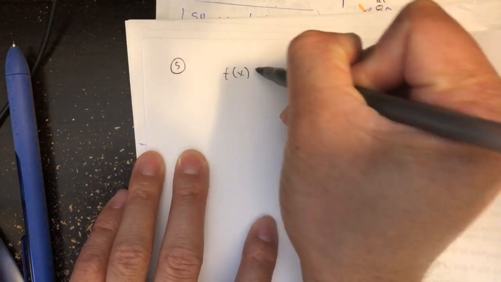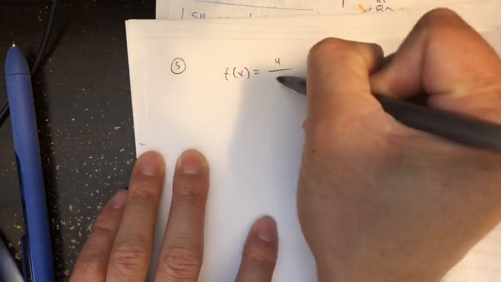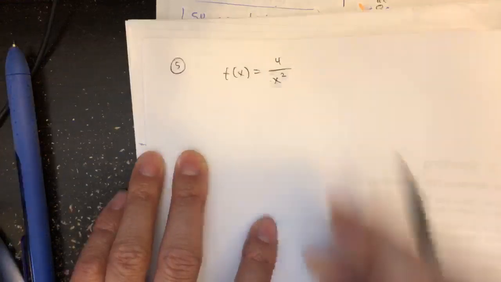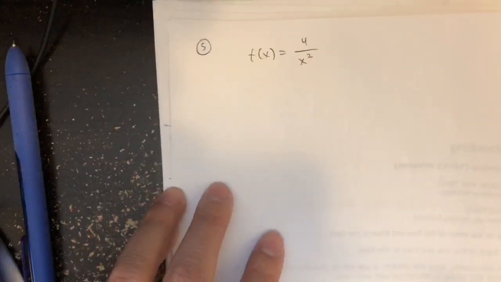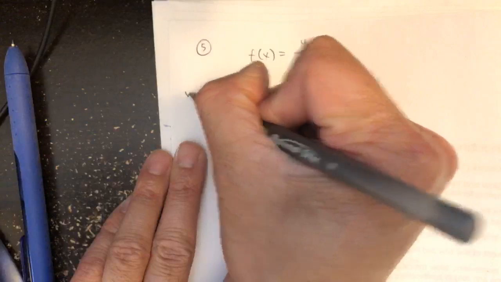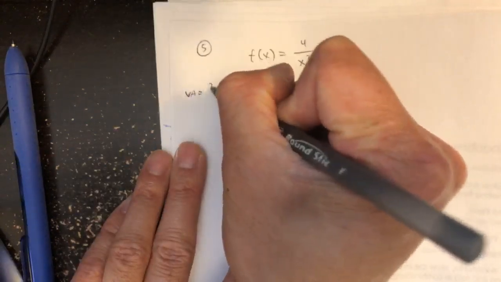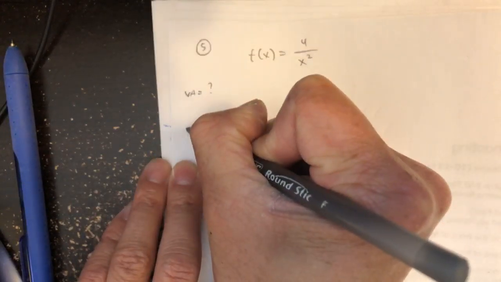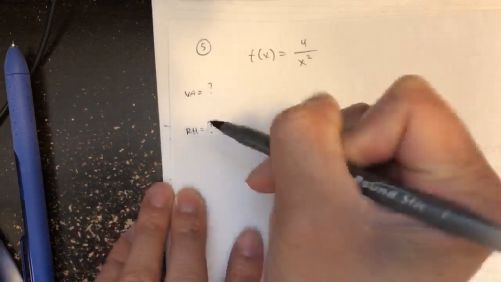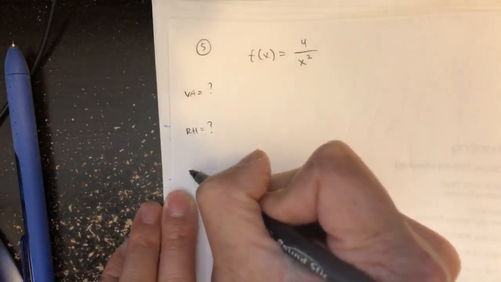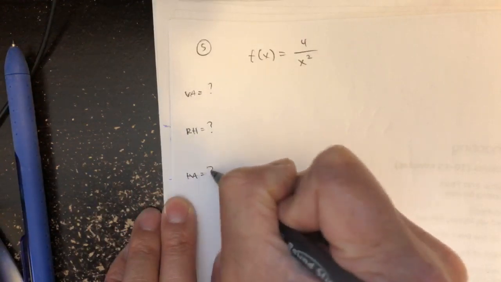Given the function, complete the table. So it has this. We need to figure out, is there a vertical asymptote, a removable hole, and then a horizontal asymptote.